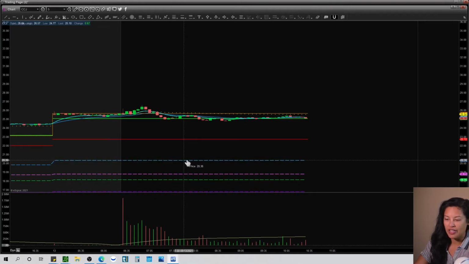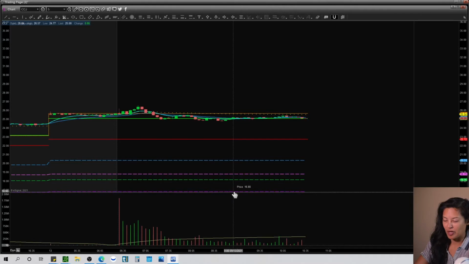So if the price is going to come into this line, I know that this is going to be a really big point of support or resistance. And then I also have the pink is the 100 simple moving average, the green is the 50 exponential, and the purple is the simple 200 moving average.